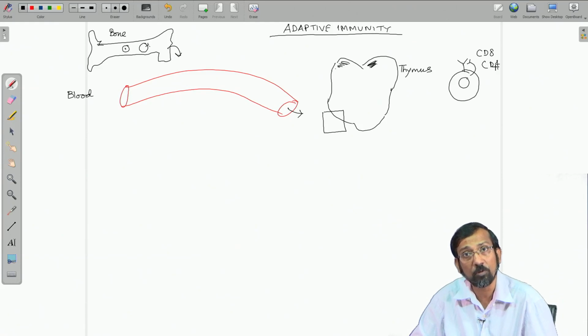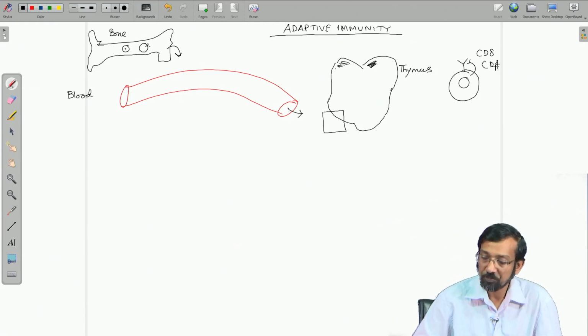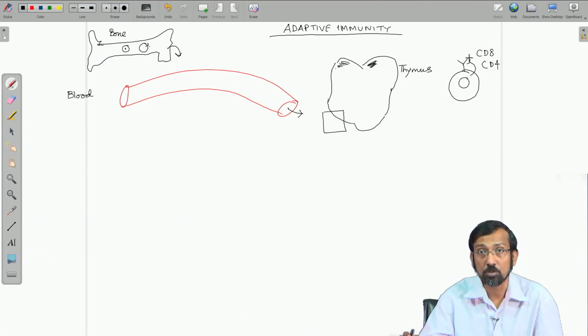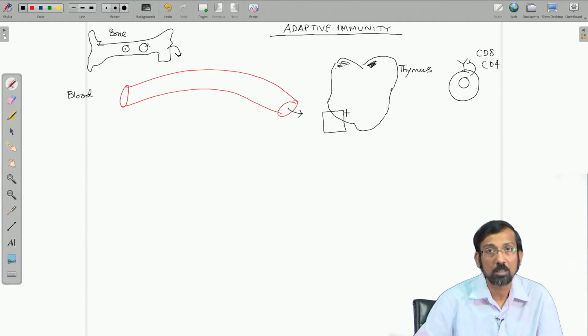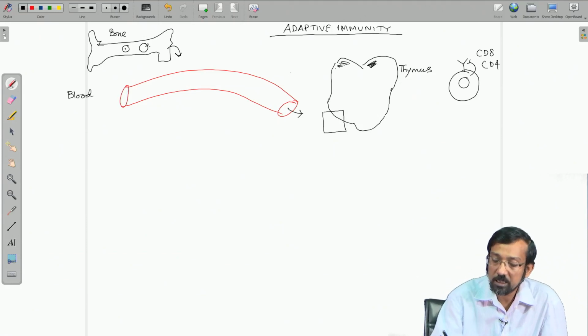These are required for recognition and binding to the MHC molecules. This mature T cell has to be first produced, and this is produced in the thymus. This maturation process starts in the thymus.